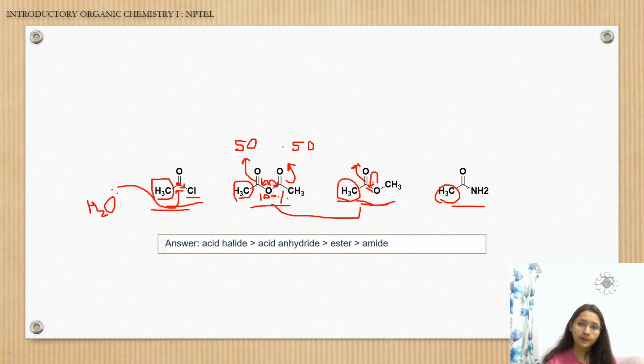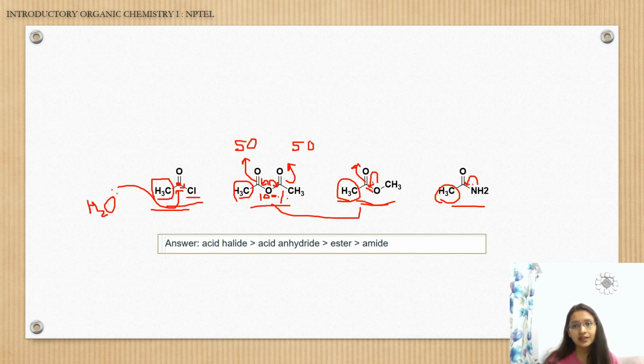Now, if you come to this amide, this nitrogen, as we know, among fluorine, oxygen, and nitrogen, fluorine is more electronegative than oxygen, which in turn is more electronegative than nitrogen. Nitrogen has a donor ability greater than oxygen. Why? Because oxygen is more electronegative, so it is less donating than nitrogen. That is why here it will be more donating than oxygen.